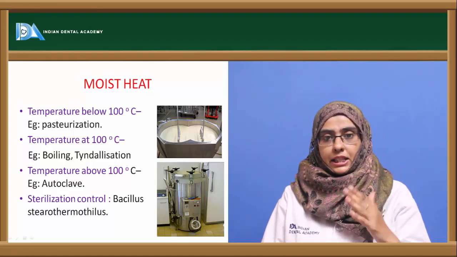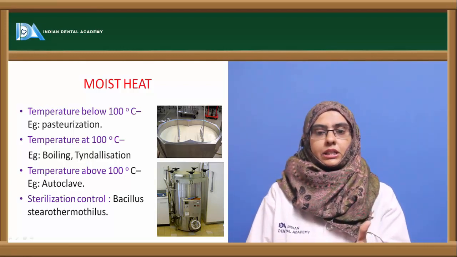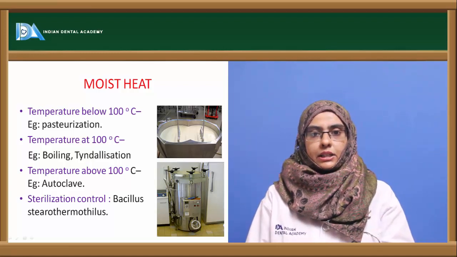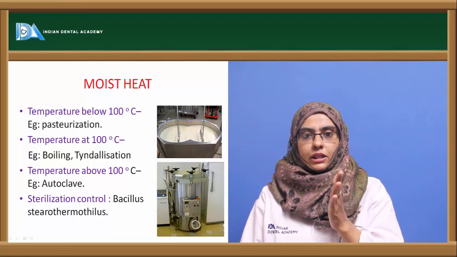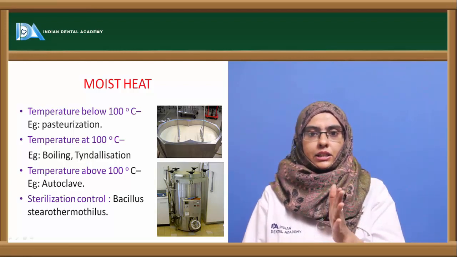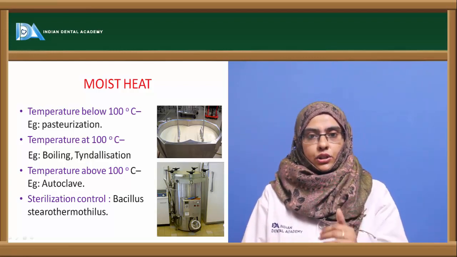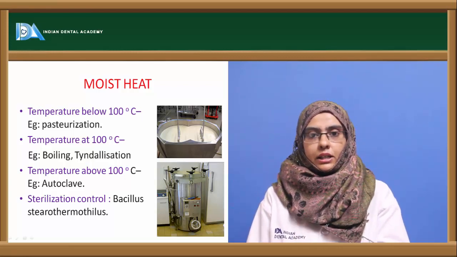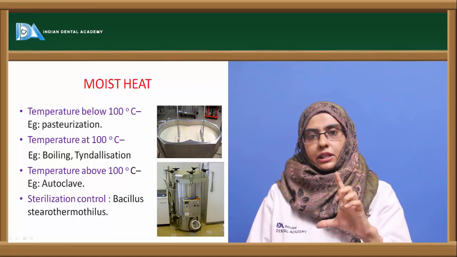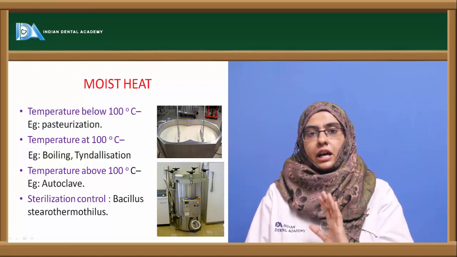As the pressure increases, the temperature also increases. As we all know, bacterial spores are highly resistant. You cannot kill them with either dry heat or moist heat at 100 degrees centigrade. So you have to increase the temperature to around 120 degrees centigrade, and that is accomplished in an autoclave.